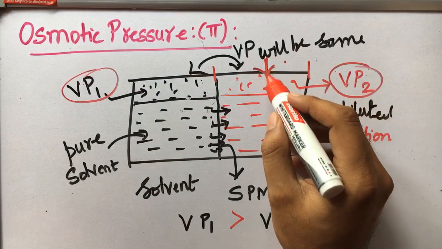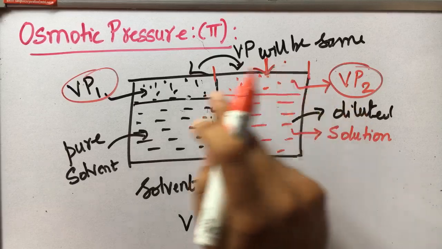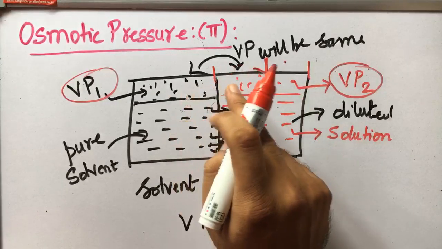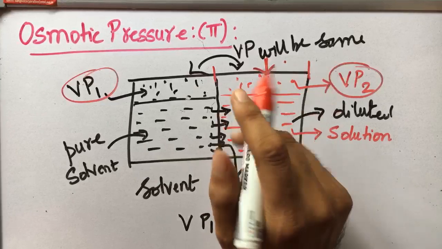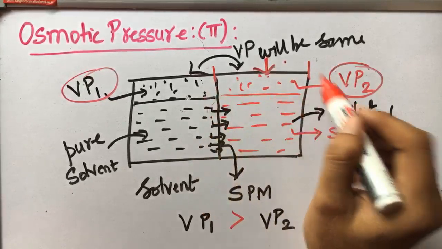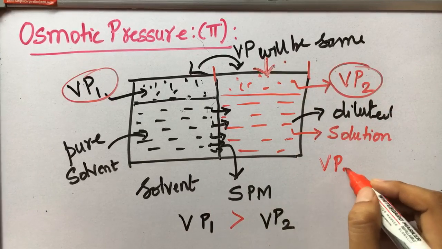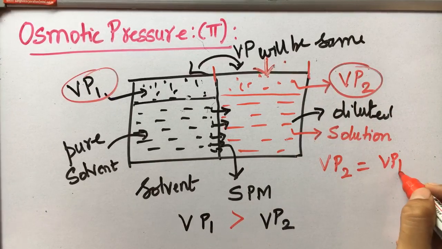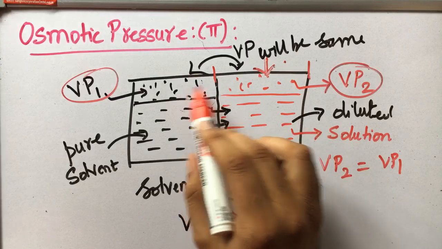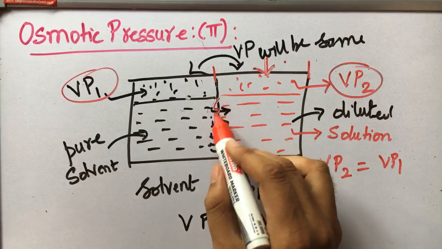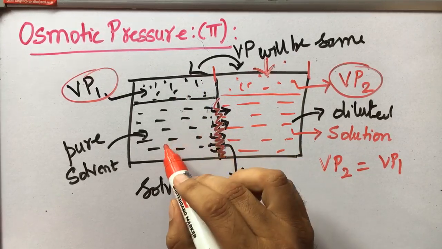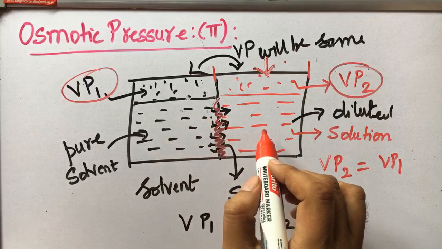So, if I apply an extra pressure using a piston, so that Vp2 is equal to Vp1, then since there is no difference in the vapor pressures, there would be no movement of solvent molecules from the solvent side to the solution side.